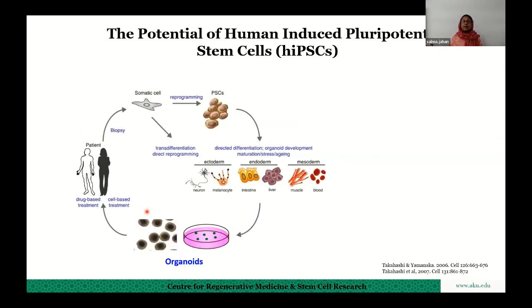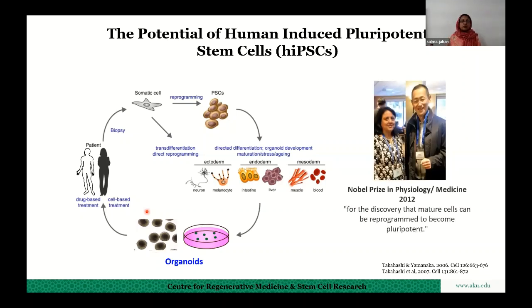The solution came when Shinya Yamanaka, in 2006, revolutionized the field by generating the induced pluripotent stem cells, for which he got the Nobel Prize in 2012.